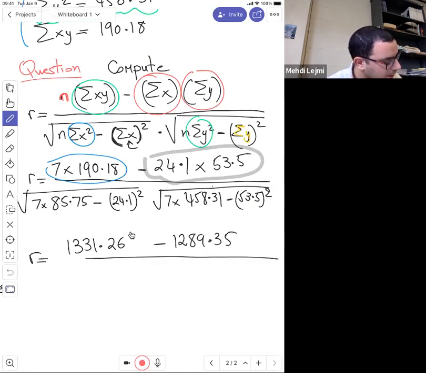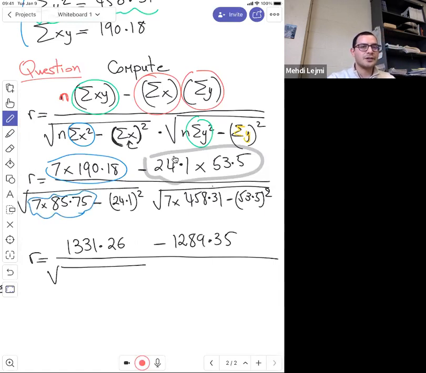Over, right? Then we have this square root. So there is this number right here, 7 times 85.75. We need to multiply 7 by 85.75. That will be equal to 600.25, minus, and then there's this 24.1 squared.